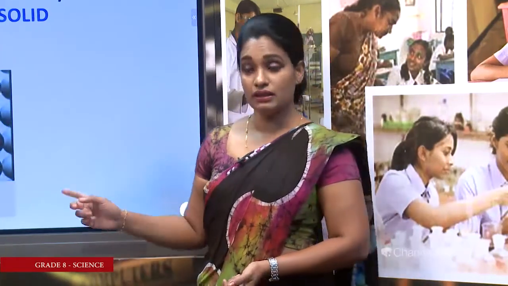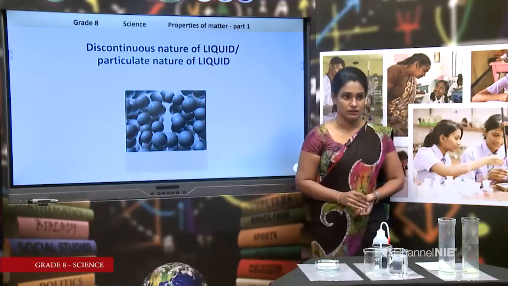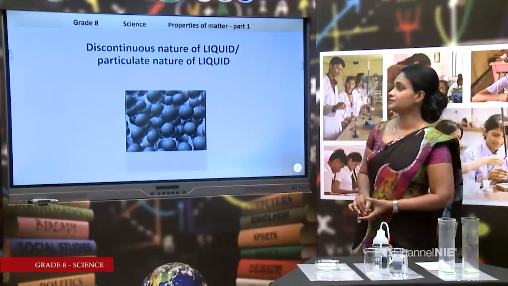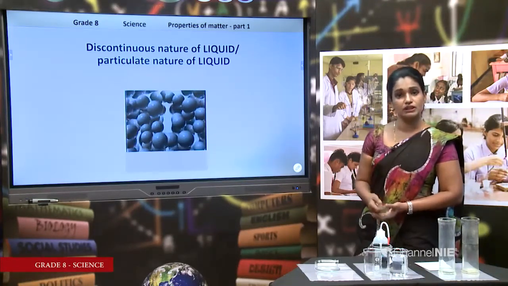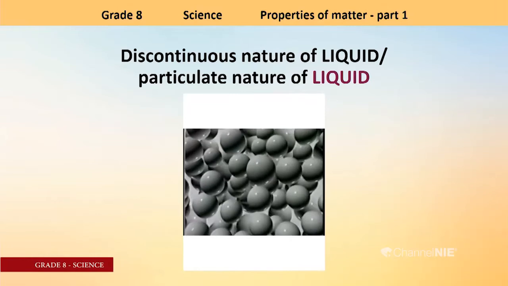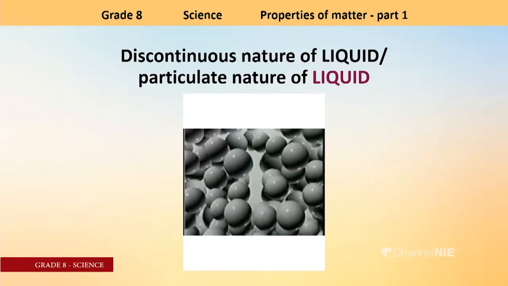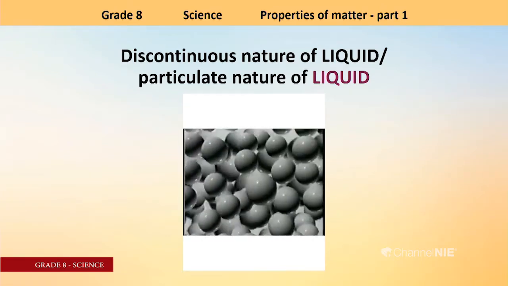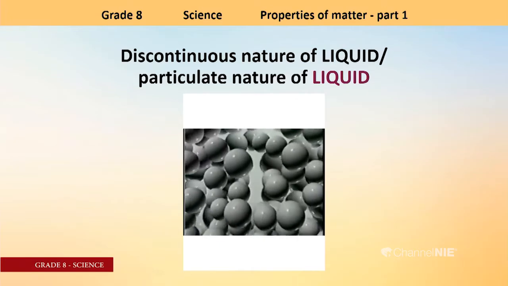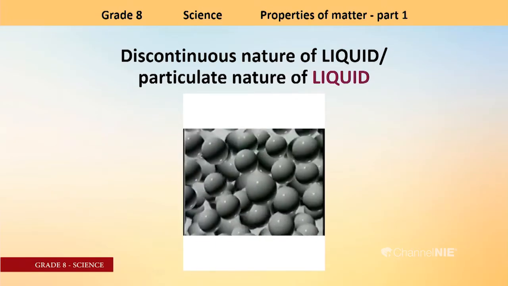Right. Then shall we see how about a liquid? Can you see here? This is the discontinuous nature of a liquid. Here you can see particles are moving here and there. So, they are not bound to each other very tightly. They are loosely bound, and you know that spaces among the particles are somewhat higher than a solid.